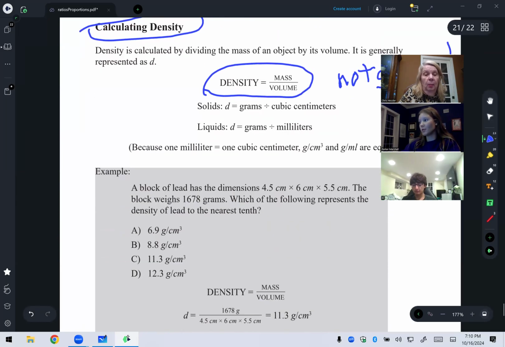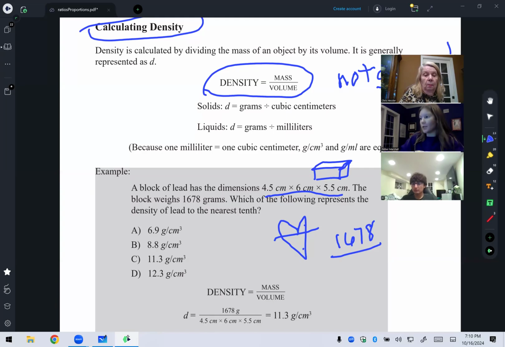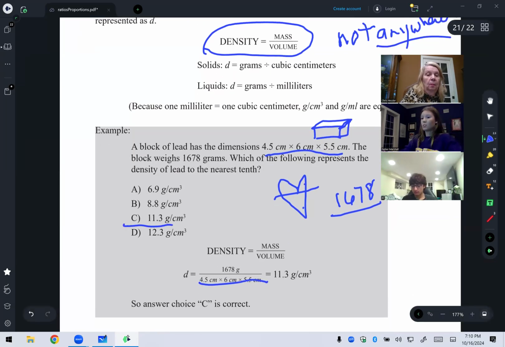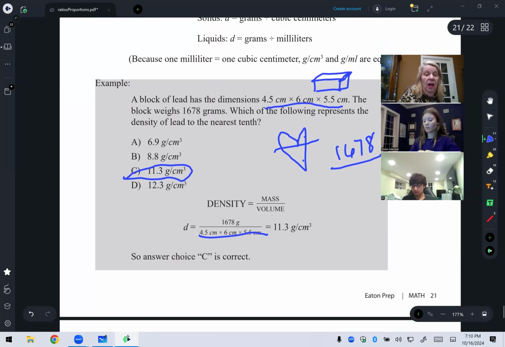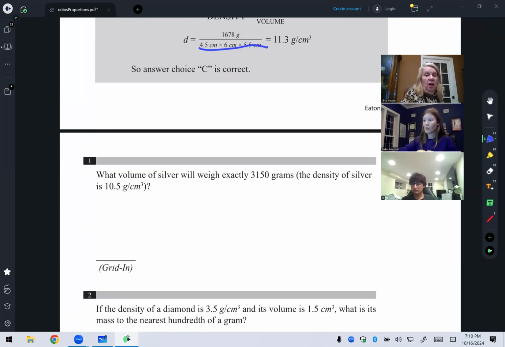Okay, so we could look at the example. So it's I love density, mass over volume. So here, the block is 1678. They're making us calculate the volume because we can do length times width times height. And we're going to get a density of C. So last page. Hooray! Okay. So we're going to start with our formula.